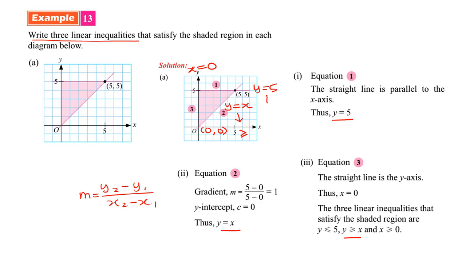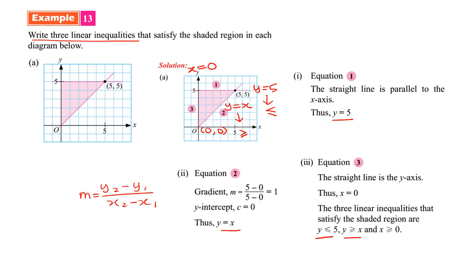So we have to use less than or equal to. So the second inequality is y is less than or equal to 5, and the third one is x is equal to 0.